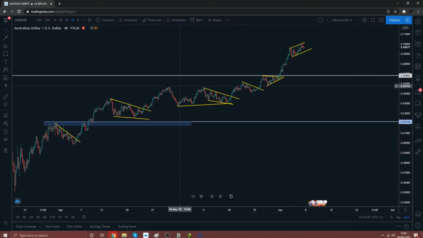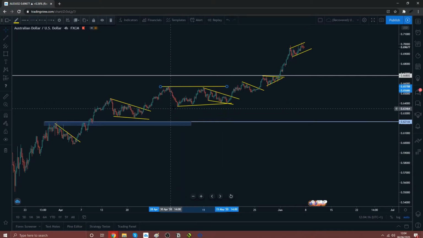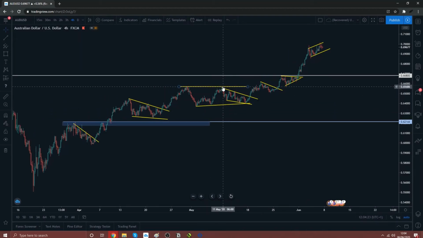Once a new higher high was created, and once this high is broken, then you can adjust your stop. I would start adjusting your stop loss to either your entry or just put it in a little bit of profit.